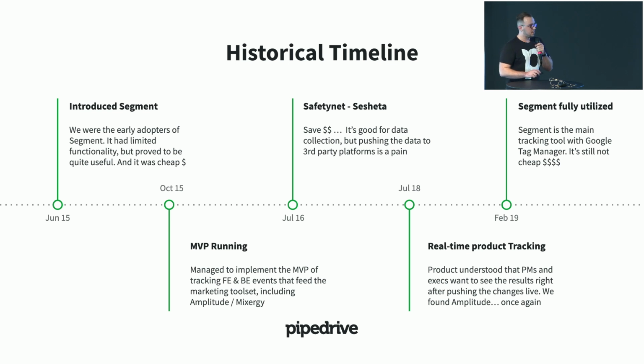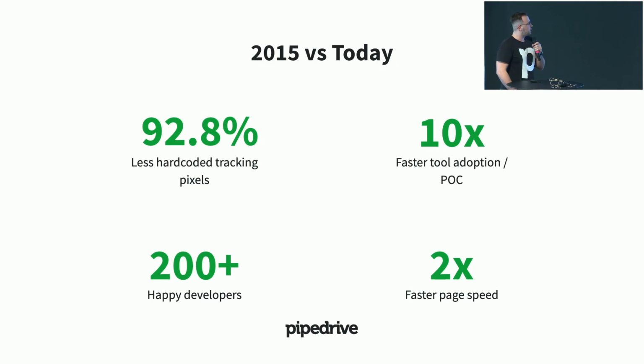But still, the case is that over time, the price has grown. But if we compare 2015 versus today, the good thing is that there's 93% less hard-coded tracking pixels on the site, which means that there are probably at least 200 plus happy developers in this house, or happier at least, because they don't need to understand how tracking works for Facebook or LinkedIn on our site, and when something needs to be triggered, because this is all managed from the Segment side or Google Tag Manager side.